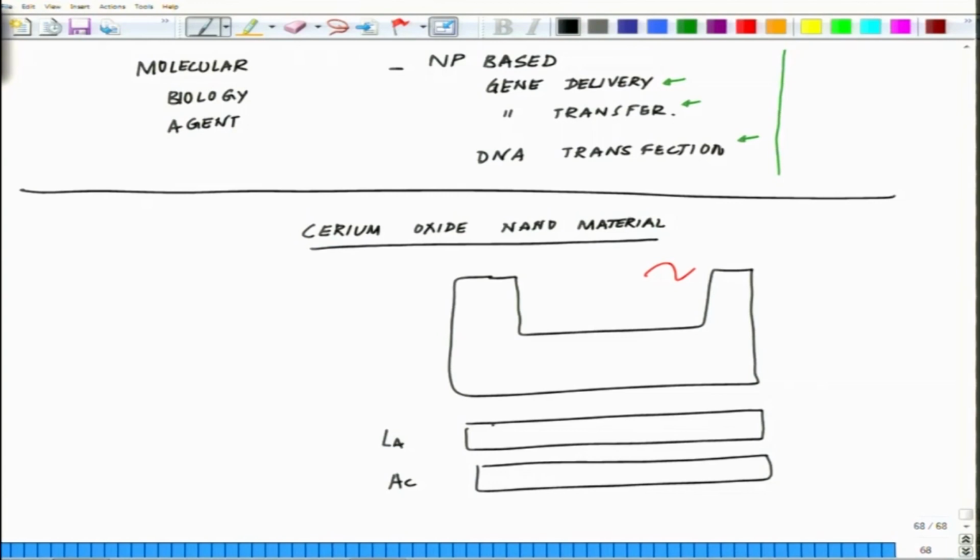If you look at the lanthanide series, the second element reads as Ce, cerium, and please do not confuse it with Cs, cesium. Many people do confuse it with cesium. This is cerium. And much of these elements, they survive at multiple oxidation states.